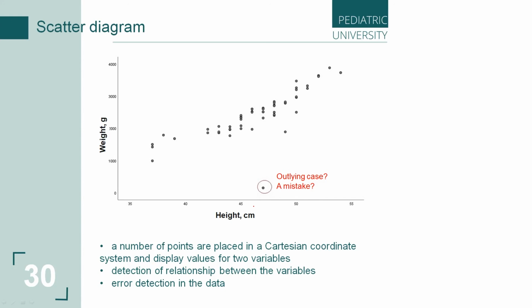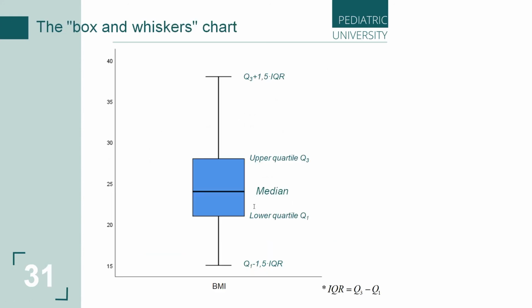The next frequently seen graph to describe the data is the box plot, or we can say box and whiskers chart. It visually depicts the distribution in the sample. The median is also shown, and you can also draw the mean if you want. The median divides the sample into 2 equal parts.